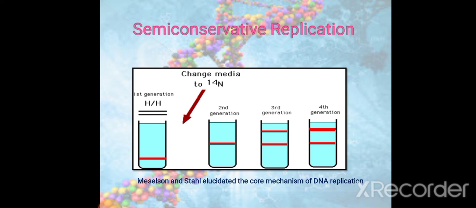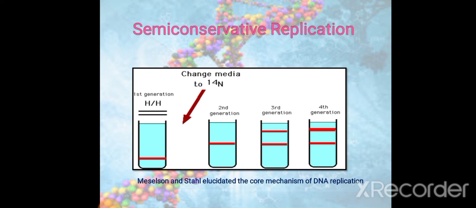Now after the third generation, again there is the presence of the intermediate, and along with that it also contains another band which contains the N14, that is the lighter band. Again after the fourth generation the same condition is observed.